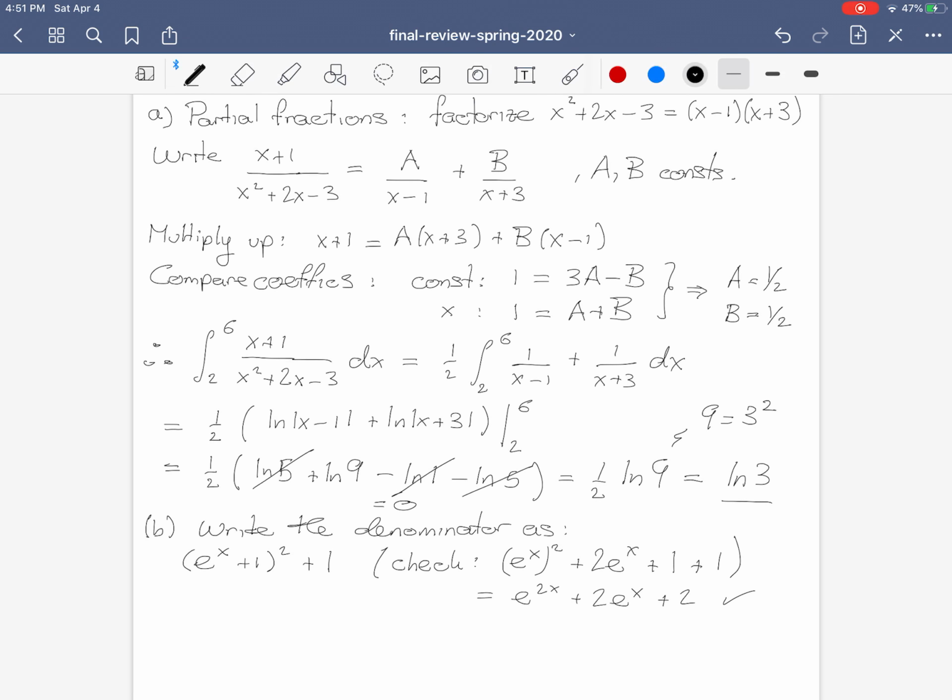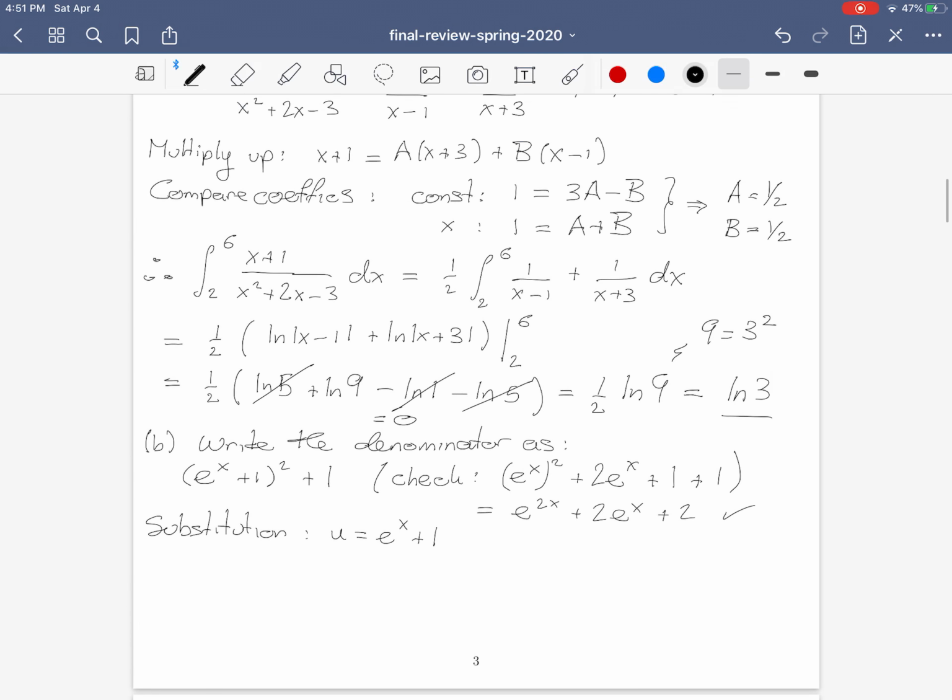So now I'm going to use a substitution. u is equal to e to the x plus 1. If I use this substitution, then du is equal to e to the x dx.